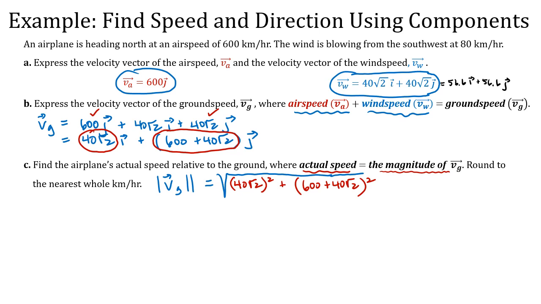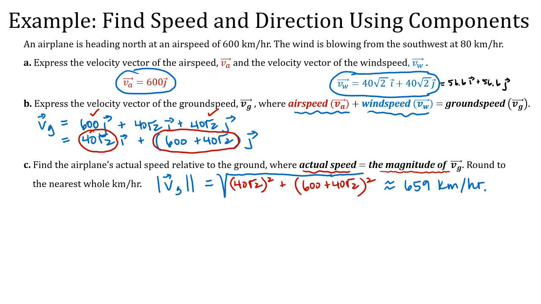The square root of 40 root 2 squared plus the quantity of 600 plus 40 root 2 also squared. And when I put that into my calculator, I got approximately, and they say to round to the nearest whole kilometer per hour, I got approximately 659 kilometers per hour.